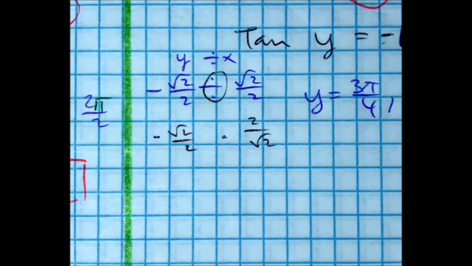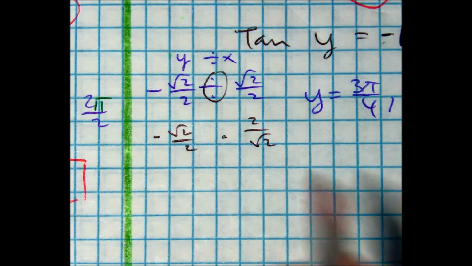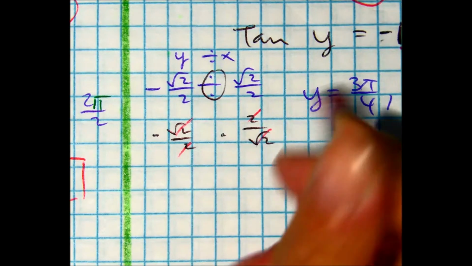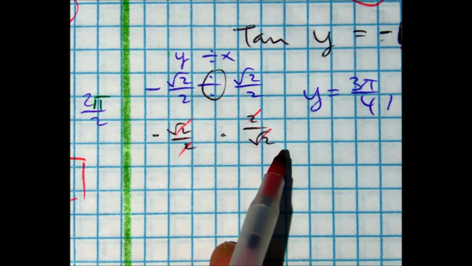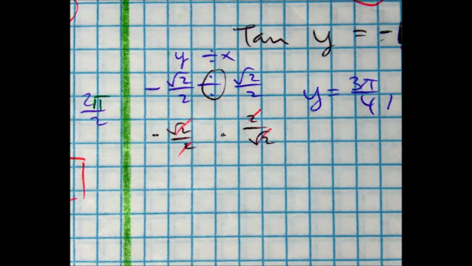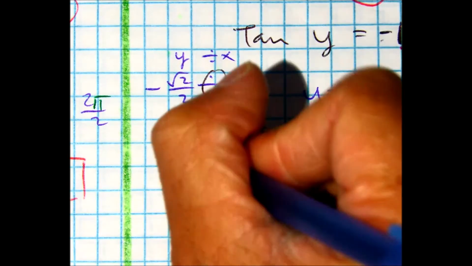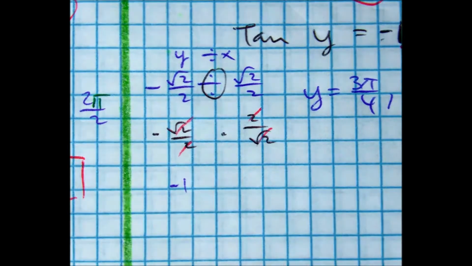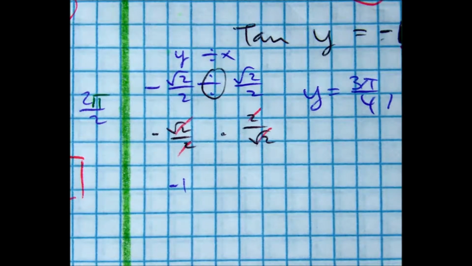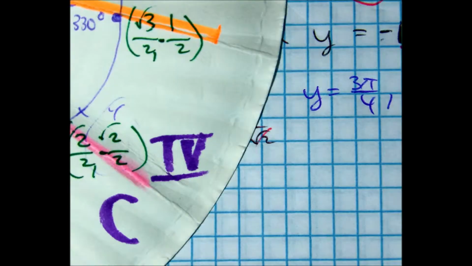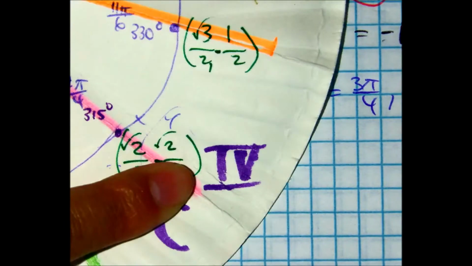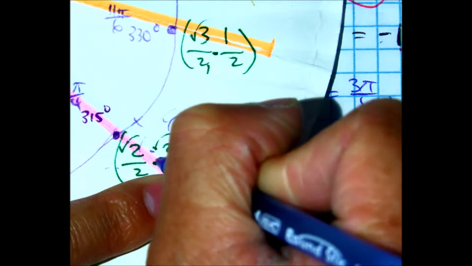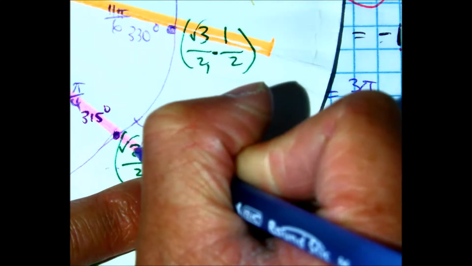And then what happens there? Your 2's cancel. Do you see that? Now this also cancels. Remember, canceling in this case equals what number? 1. So your answer is going to be a -1. Okay, that's why the trick works. Why I'm covering up with my fingers the denominators. I'm only looking at the numerator. So I can just do something like, that should be a negative, there it is. Negative radical 2 divided by radical 2 is -1.